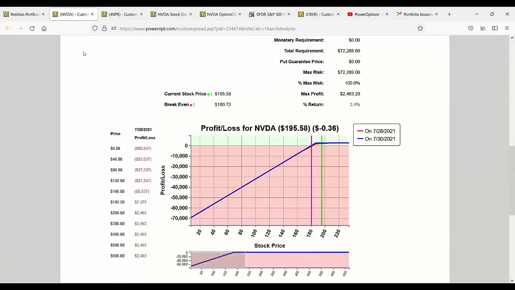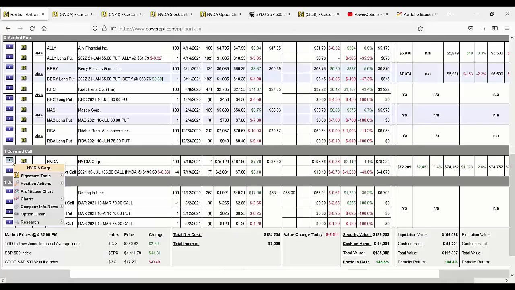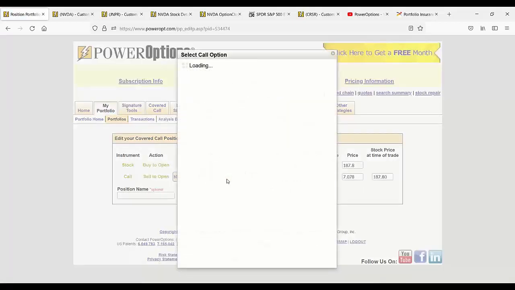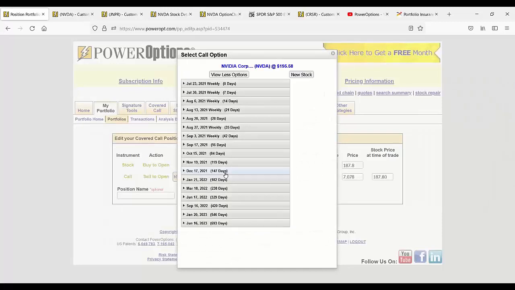Okay. And that's, again, just anytime you have a split, just go to position actions, edit position. That takes you to the same field we saw. If you had an NA here on your option, you would just click on this and select the proper option that you have with the new strike price and, of course, the new premium.